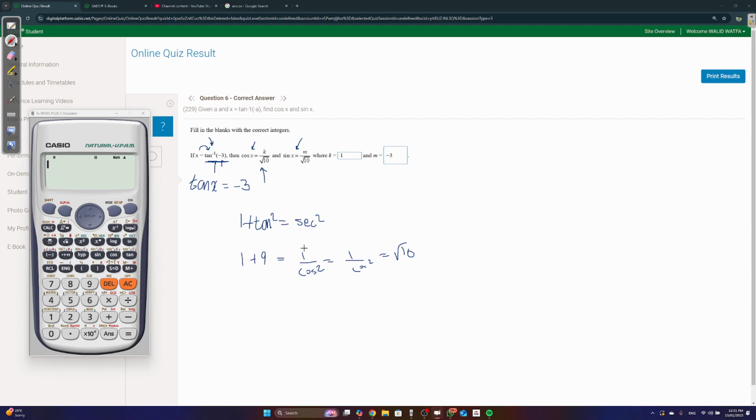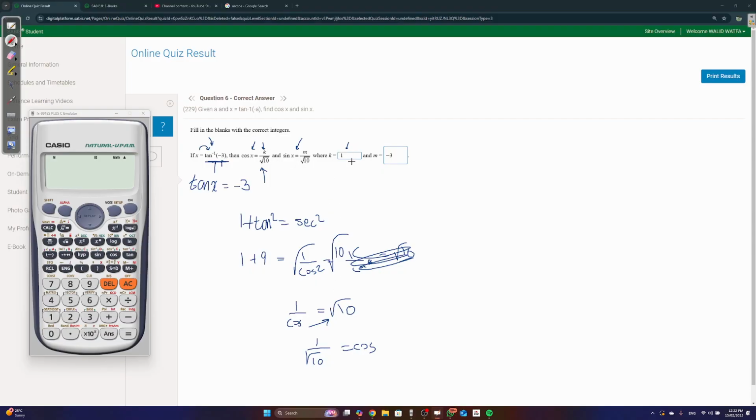What I don't know here is what quadrant you are working in. Take the square root of both sides: 1 over cosine is equal to root 10. Take the reciprocal, swap these two: 1 over root 10 is equal to cosine. So k in this case is 1.